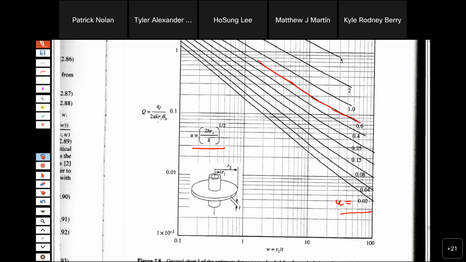So once we have a QF, for example, QF is 0.3, 0.1, 0.2, because sometimes QF is given, then I can figure out W. Look at that.